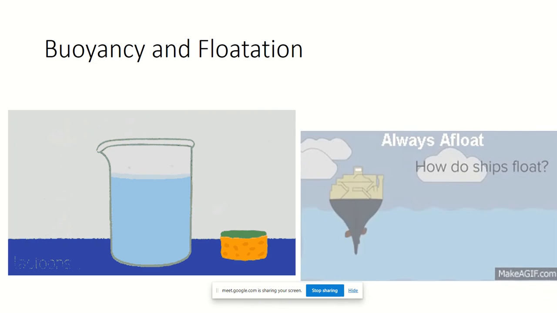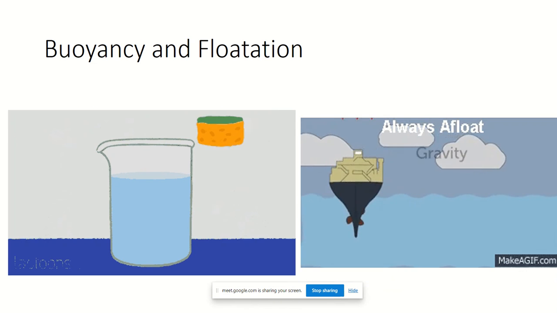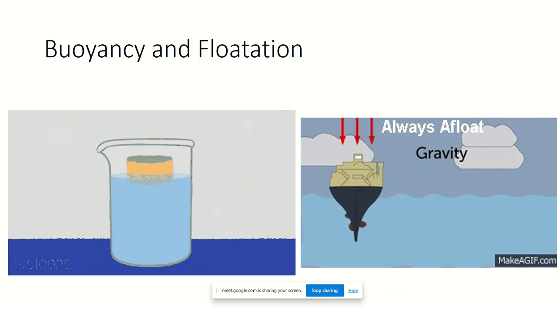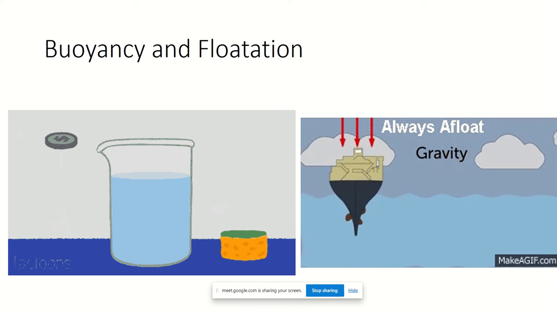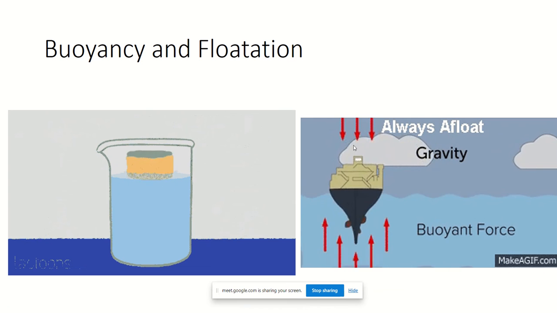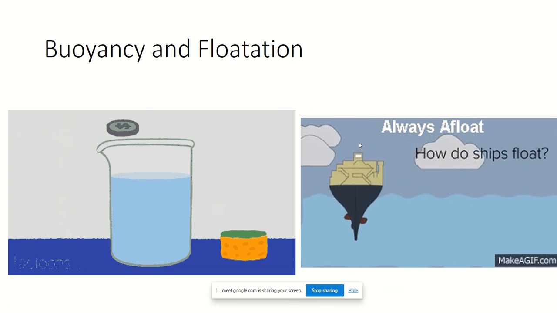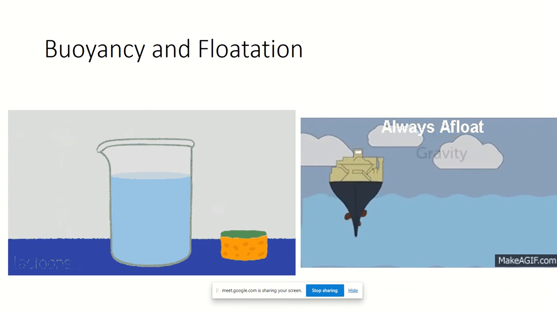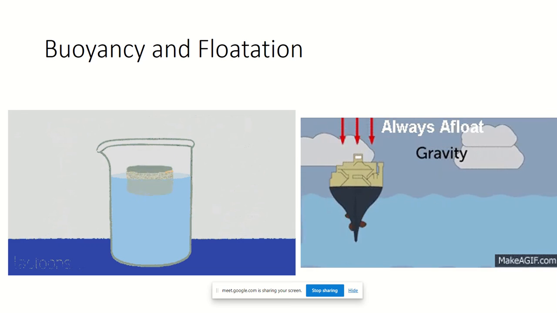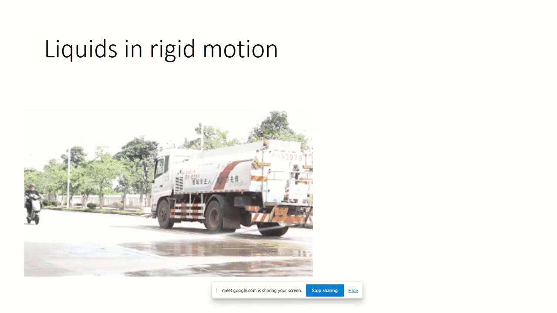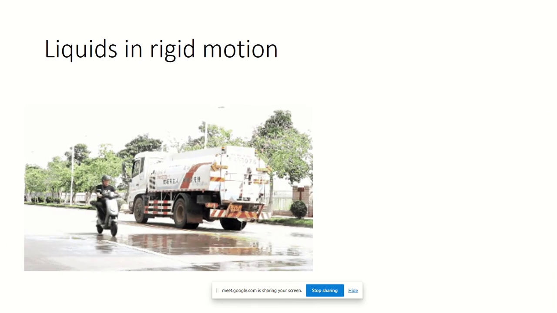Then we have how a ship floats over the water, and we have different points like the point of buoyancy, the center of buoyancy, then the metacenter. These parameters we'll see in this module, that is buoyancy and flotation. And we'll have liquids in rigid body motion.